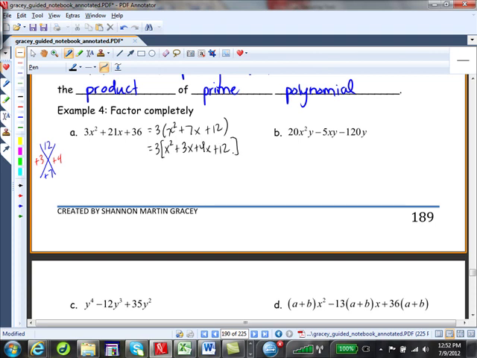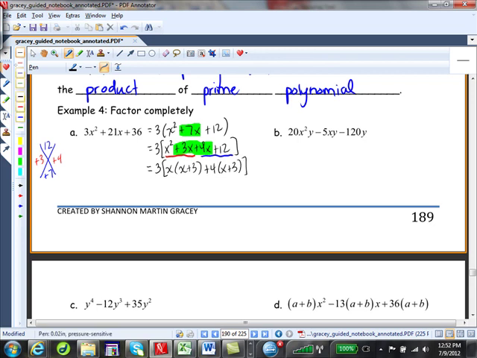So here I rewrote this positive 7x as a sum of 3x and 4x. So now I can factor out, so again, you're on your red group, blue group stuff. And now we can factor out an x, and we're left with x plus 3. And then if I factor out a 4, we're left with x plus 3.